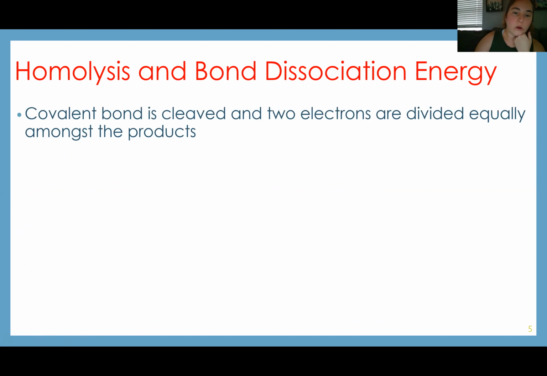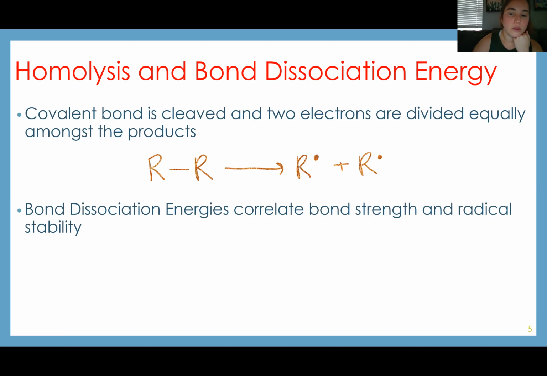So in homolysis, a covalent bond is cleaved and two electrons are divided equally amongst the products, right? So you have two atoms connected together. It could be two alkyl groups, even in the right scenario. You'd have to have an initiator to accomplish this. And it breaks up into two radicals.